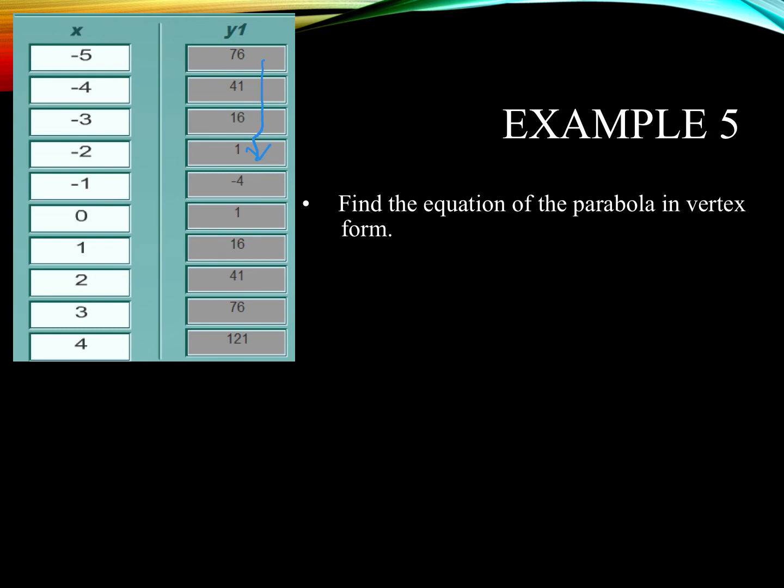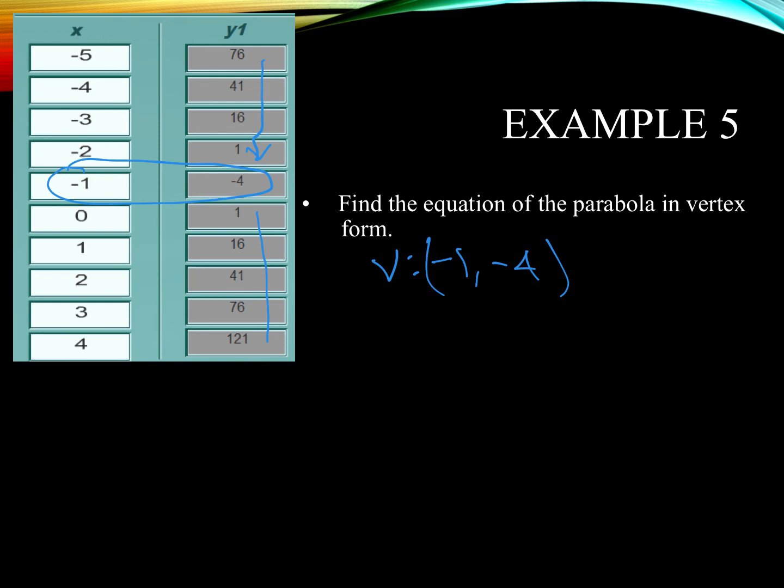Once I hit -4, my numbers start getting bigger and bigger. So that tells me that I have a vertex at -1, -4, because that's my lowest point. So -1, -4 is my vertex, and I'm going to do the exact same thing as I've done all along.